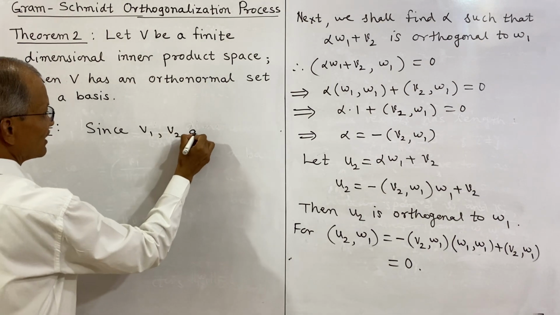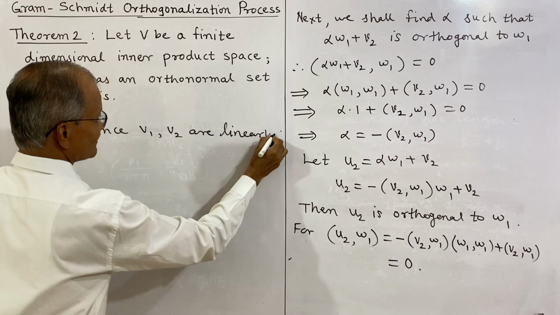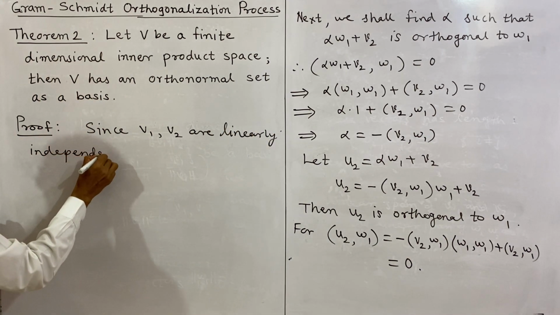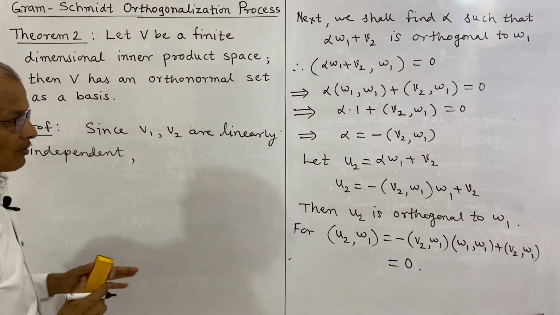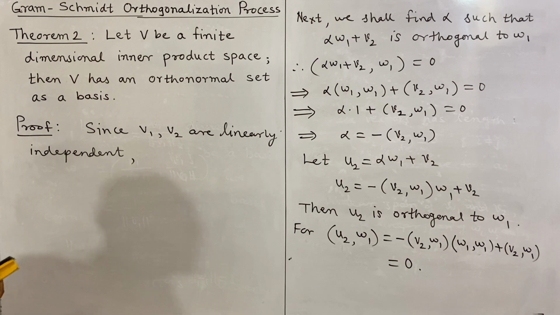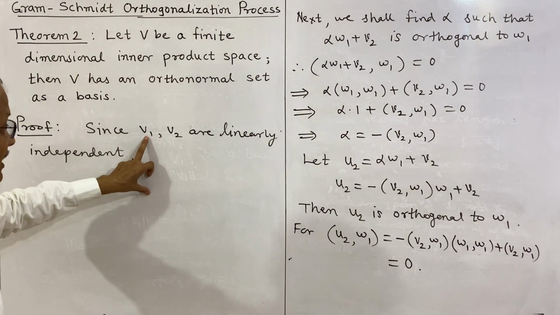Since V1, V2 are linearly independent, we have W1 and W2 are also linearly independent. Why will V1 be linearly independent?